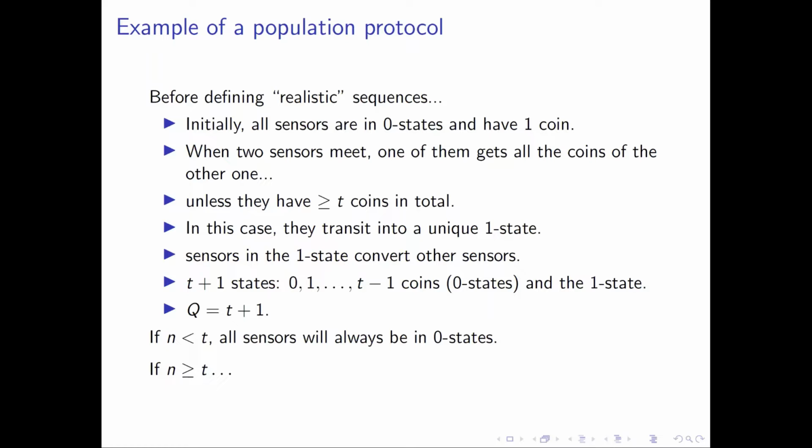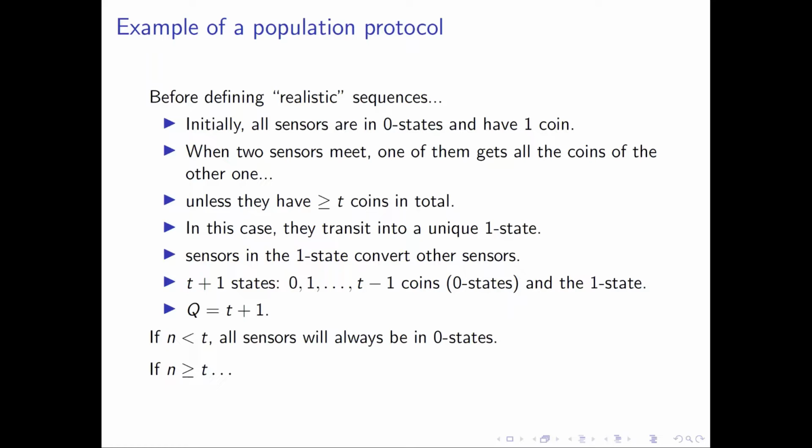Consider the following protocol where all sensors initially have, virtually of course, 1 coin. And then when two sensors meet, one of them gets all the coins of the other one. So one is left with 0 coins and the other one with the sum of their initial quantities of coins.